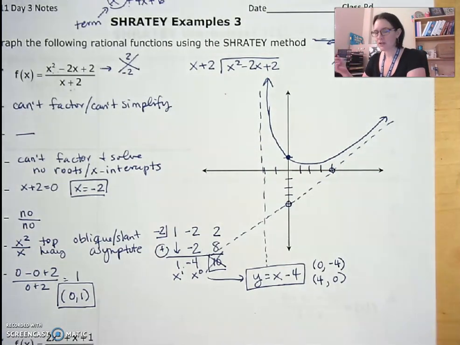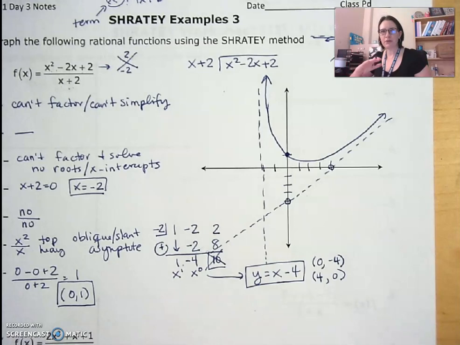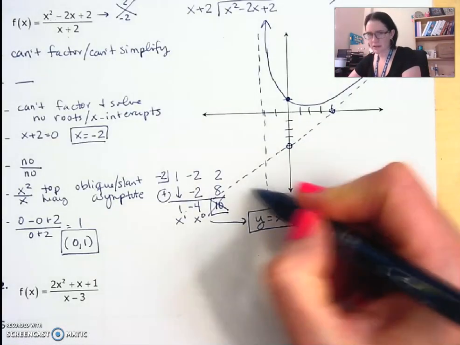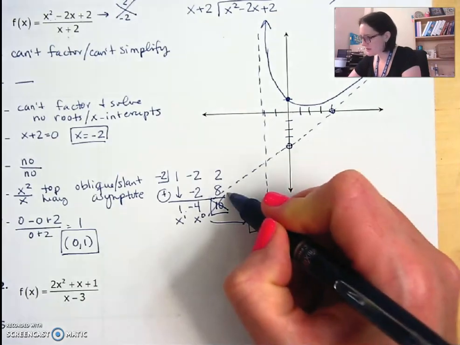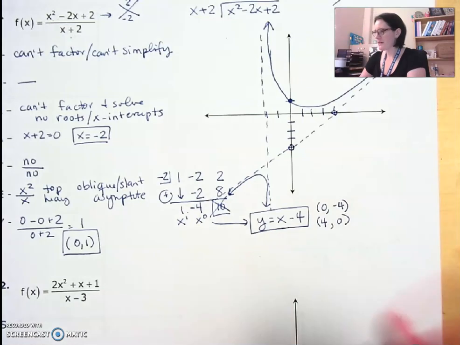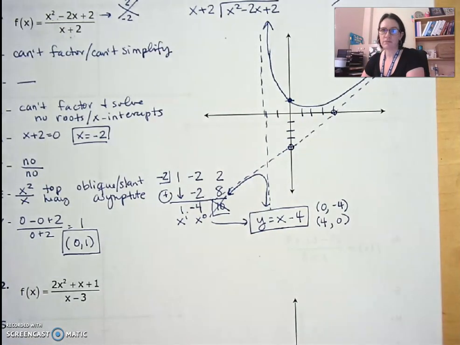And then the second part of this graph is going to be mirrored down here, and it's just going to fill in the space between the other ends of the asymptotes. All right, and so there's our basic graph.